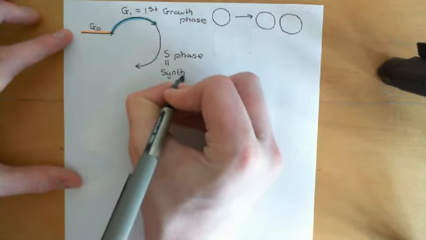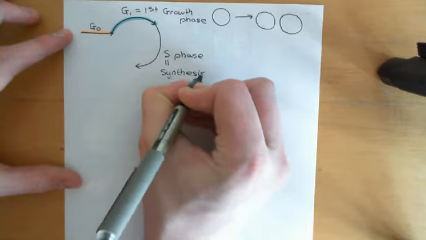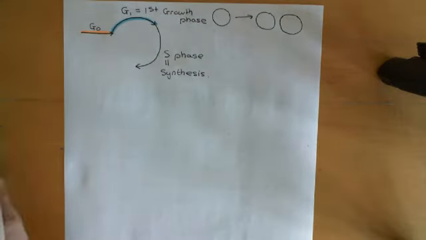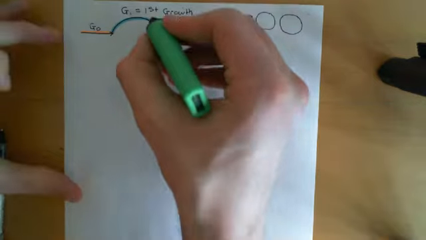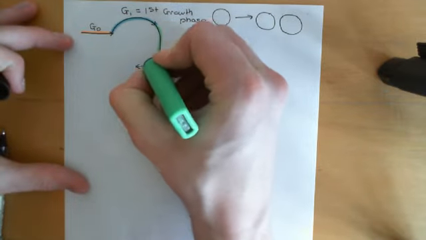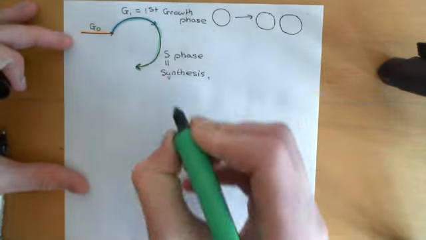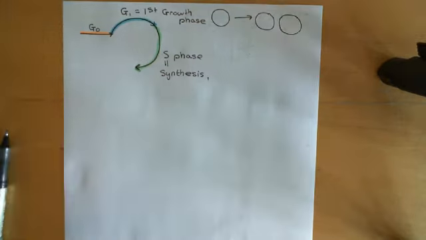This is the phase of the cell cycle where you copy all of the DNA in the nucleus of the cell. So all 46 chromosomes in the case of human cells are going to be copied in the synthesis phase, and you're going to get exact replicas of those chromosomes known as sister chromatids.